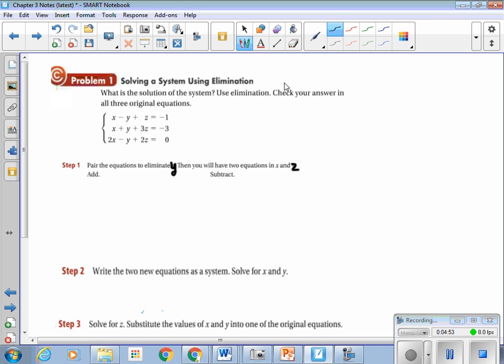All right, so I'm going to go x minus y plus z equals -1. I'm just rewriting the top one. I'm going to rewrite the second one underneath it. X plus y plus 3z equals -3. Then I'm going to add these guys straight down.